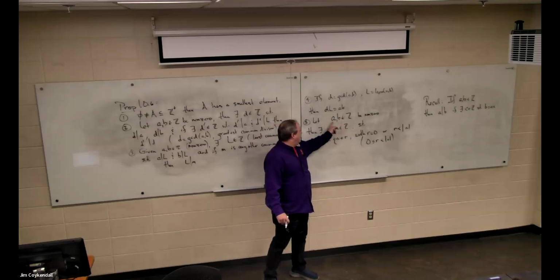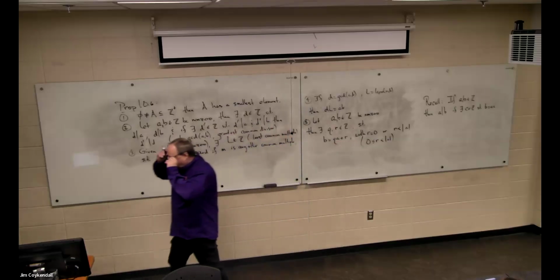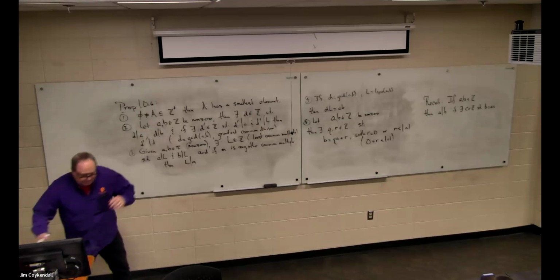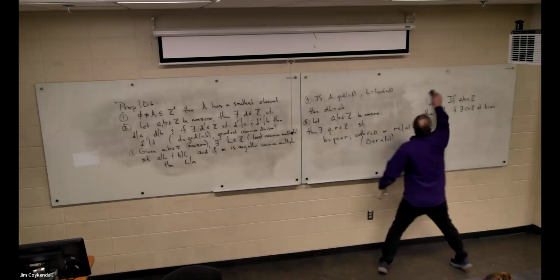If I have two non-zero integers, A and B, I can divide A into B. Quotient is Q, and my remainder is whatever it should be, less than what I divided by, right? That's all this is saying here. Any questions so far?